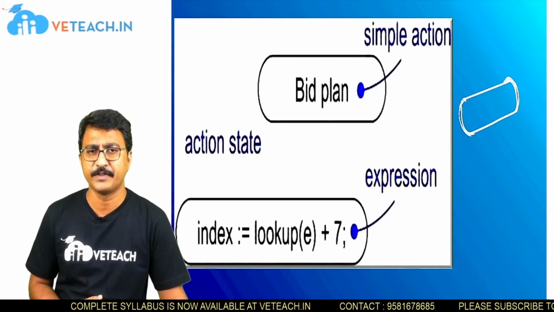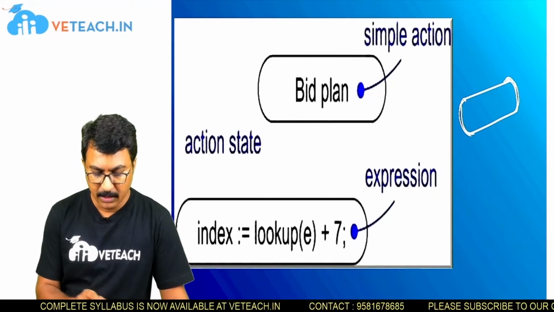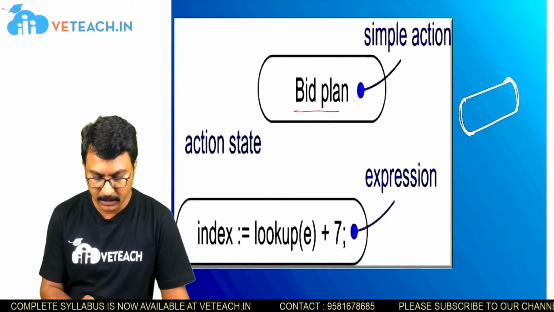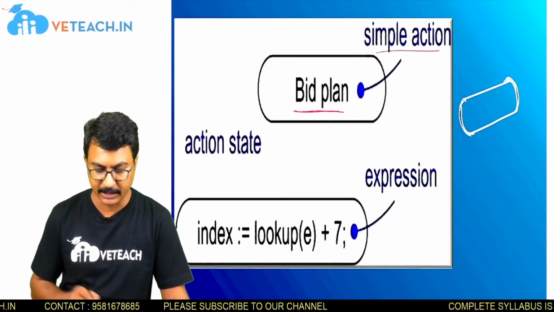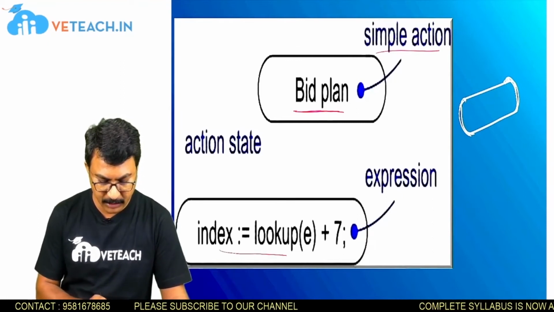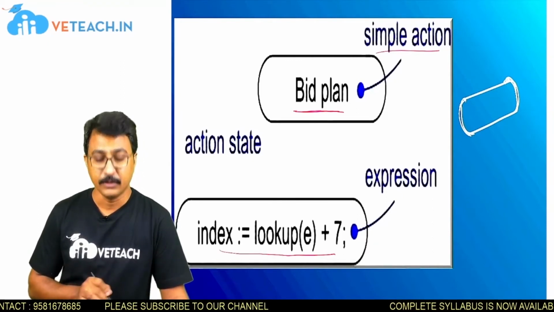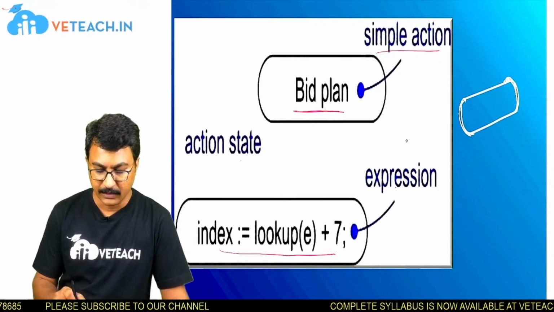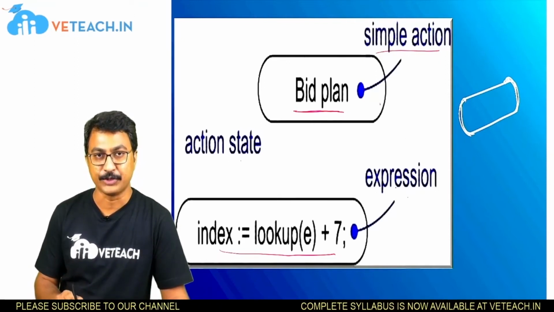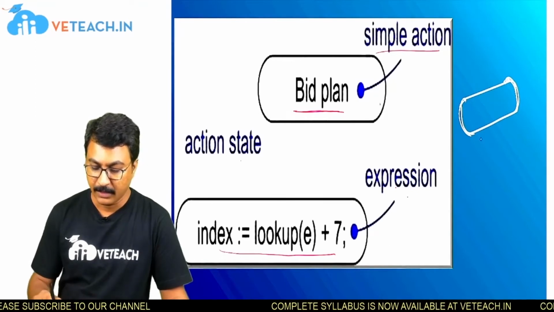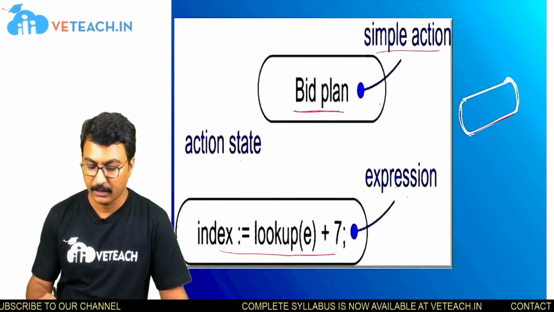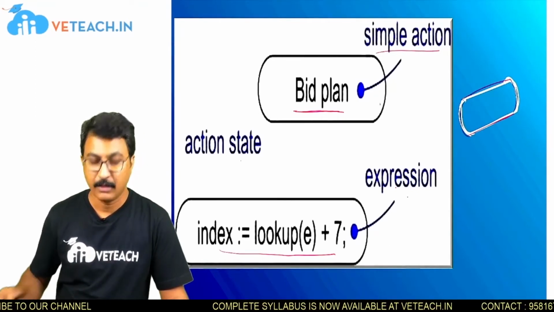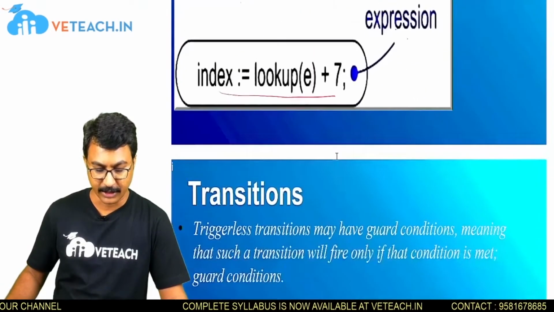Physically, representing both of them is the same. But you see here there is a process involved, bid plan, so a simple action, and there is an expression written in one. Any of them is written as an activity or an action state.